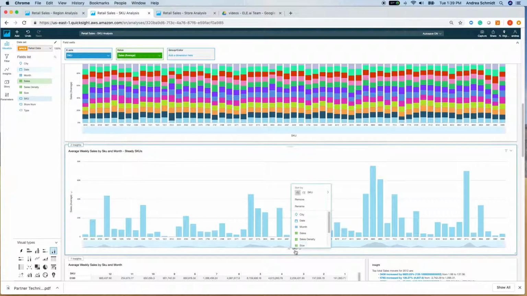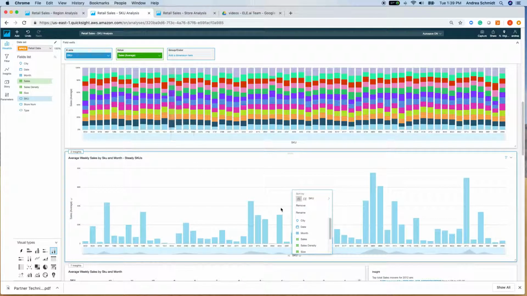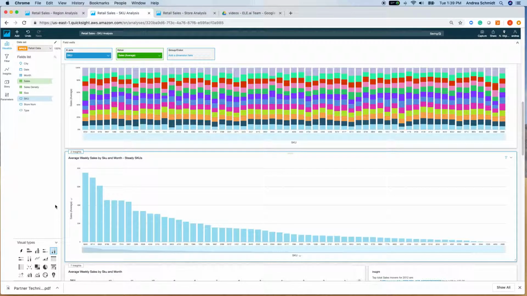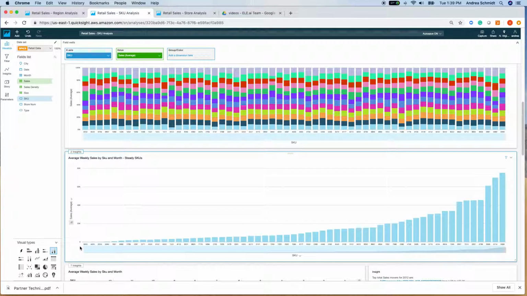And of course you can sort this. I have this lined up with the matching SKU above it, but I can go ahead and sort by sales. So this is an ascending view.